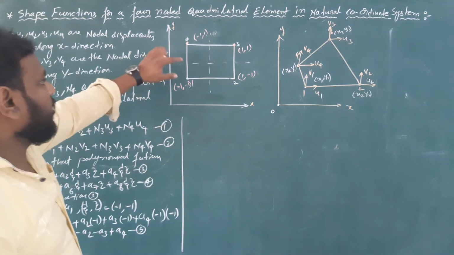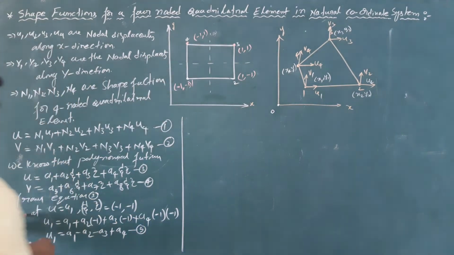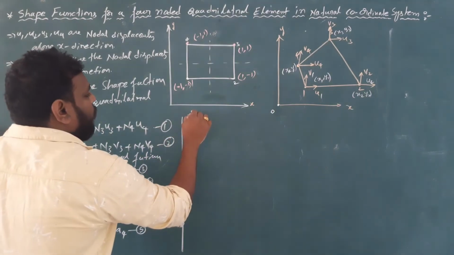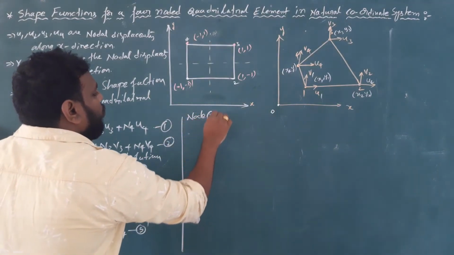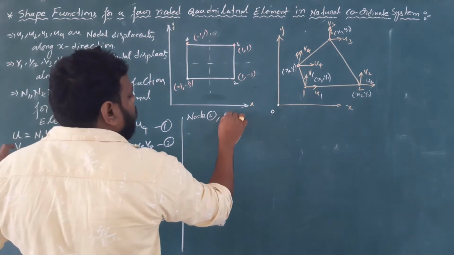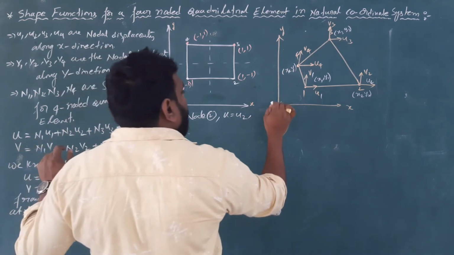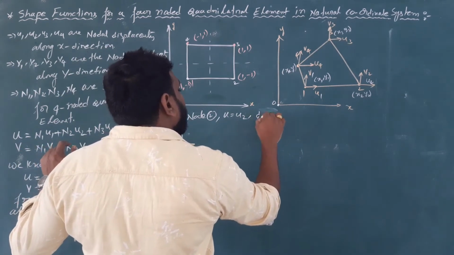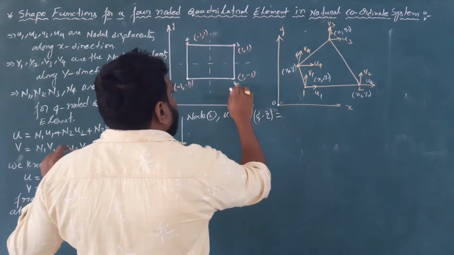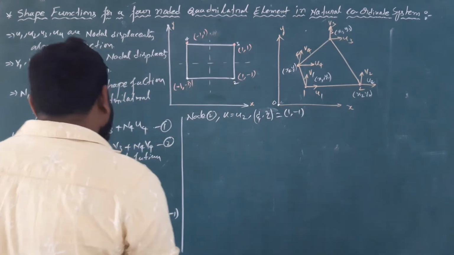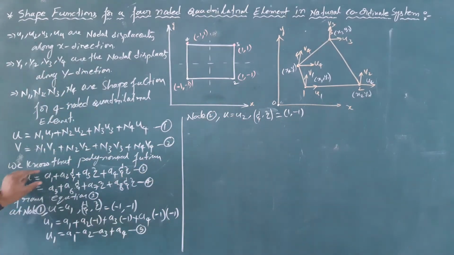Now substitute boundary condition 2 at node 2. This was node 1, and this is node 2. So u is equal to u2, and ξ and η will be 1 comma -1. Substitute all these boundary conditions in equation number 3.